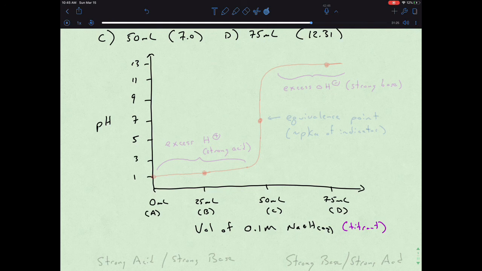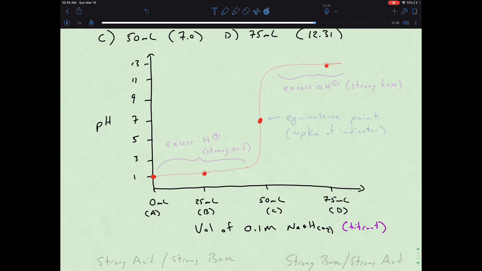So at 0 milliliters, we had a data point at 1. At 25 milliliters, it really wasn't much different. It was a little higher, 1.47. At 50 milliliters, we had a pH of 7, or roughly there. And then part D, we had a pH of 12.31. So let's say something like that.